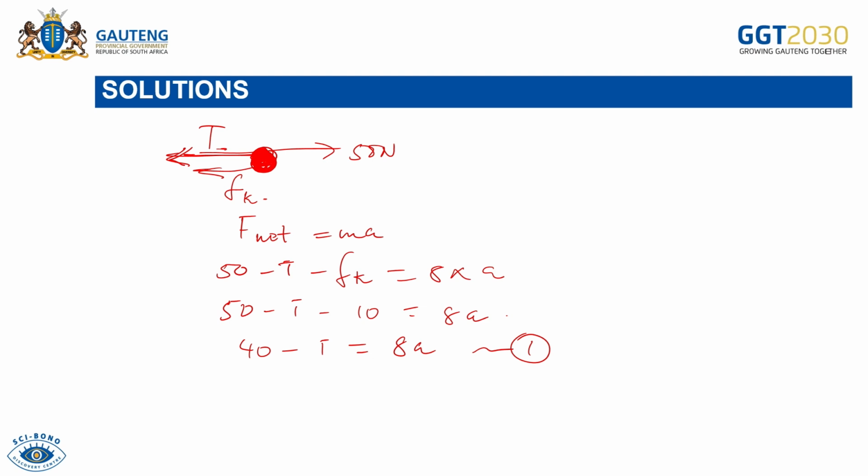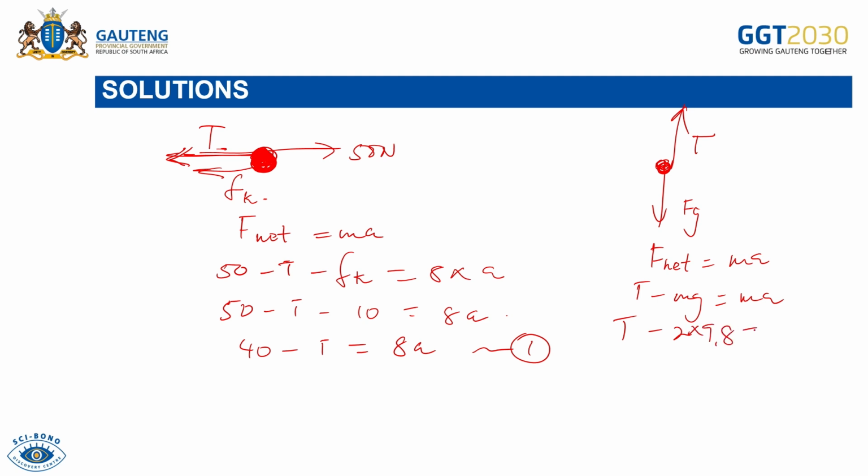Then for the 2 kilogram object, we have Fg and tension. So F net equals ma, which is T minus mg equals ma. So T minus 2 times 9.8 equals 2 times a, which is 2a.